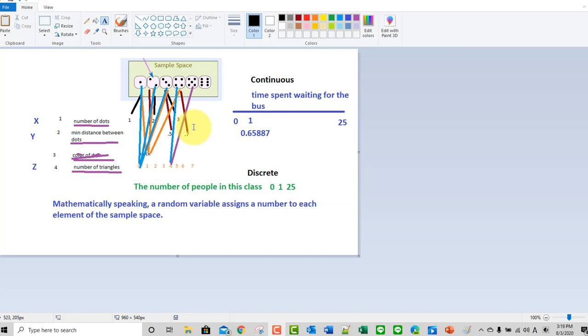So you could certainly argue that this is not continuous, that it's also discrete, and the same thing with this. This will be discrete, the number of triangles that you could form. So anyway, we have 2 types of possibilities, something that's continuous and something that's discrete. And that's going to be true for random variables as well.